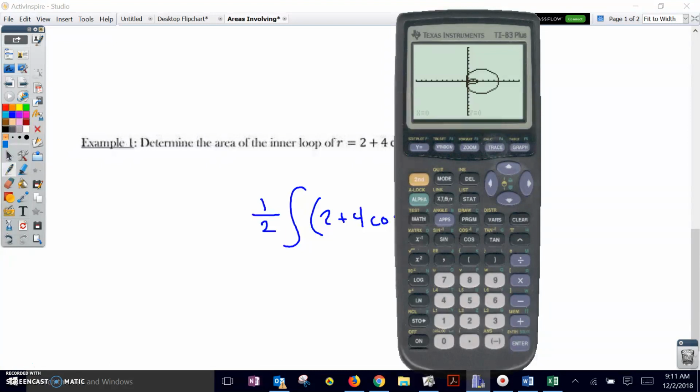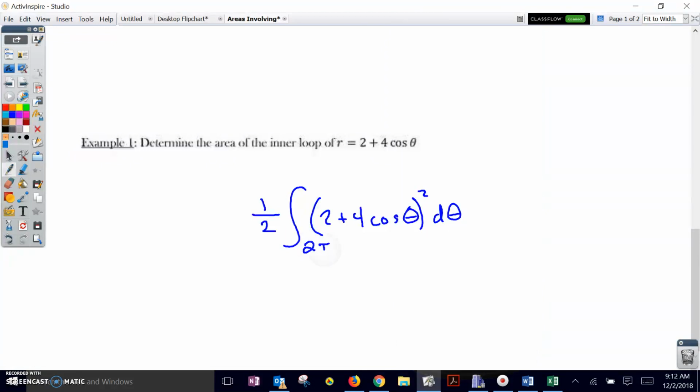Now I'm just going to trace this curve and find where this inner loop starts, angle-wise. And you can probably figure it out if you think a little bit. But it starts right there at the origin, which is a theta value of 2.094. If you don't recognize that number, that's 2 pi over 3. So that's going to be our lower limit of integration. It's 2 pi over 3.